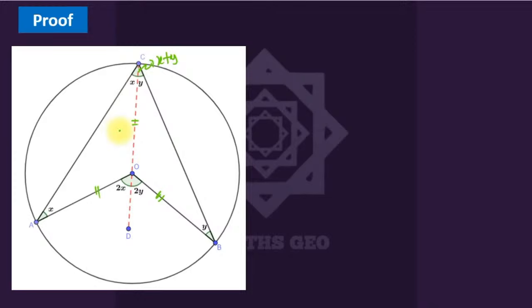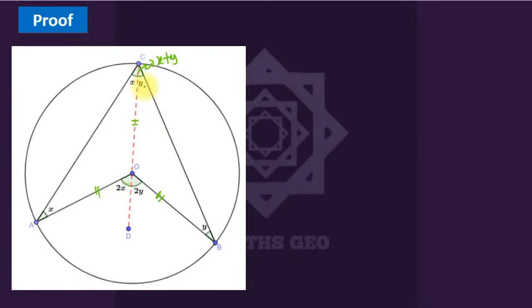So we have 2 isosceles triangles, and we know from the isosceles triangle theorem that the base angles are congruent. So that's why here is x, here is x, here is y, here is y. Also, looking at this, we see that this is an exterior angle. So using the exterior angle theorem, x plus x is 2x.